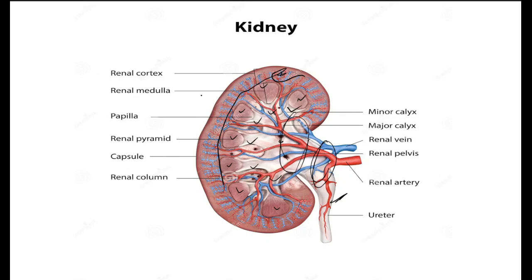For example, if the nephron is situated in the cortex area, that one is the cortical nephron. And if the nephron is situated in the medullary area, this nephron is known as the juxtamedullary nephron. Clear?